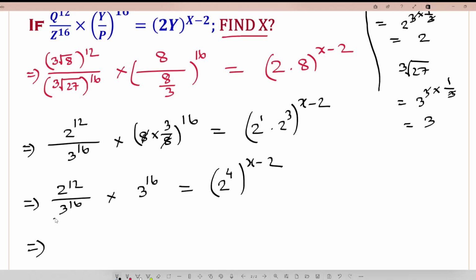So 3 to the power 16 and 3 to the power 16 cancel out. So 2 to the power 12 equals 2 to the power 4x minus 8, right?